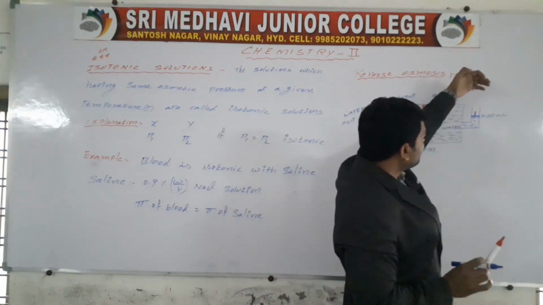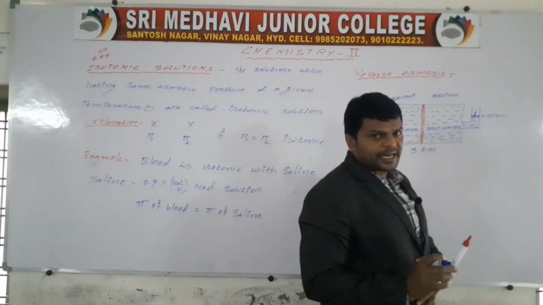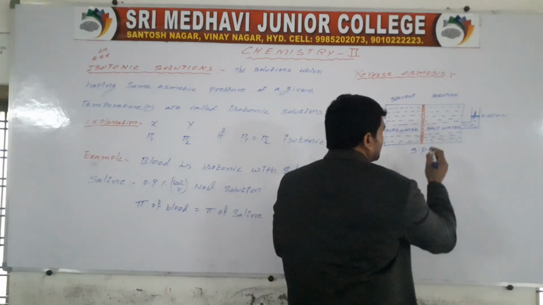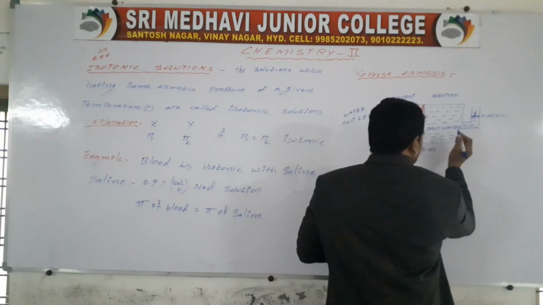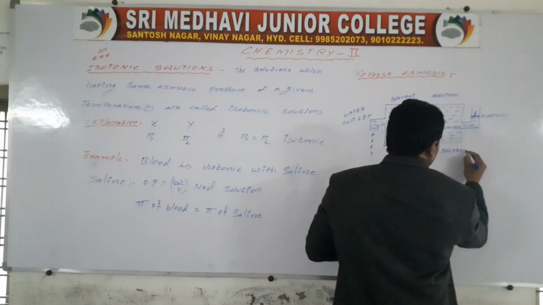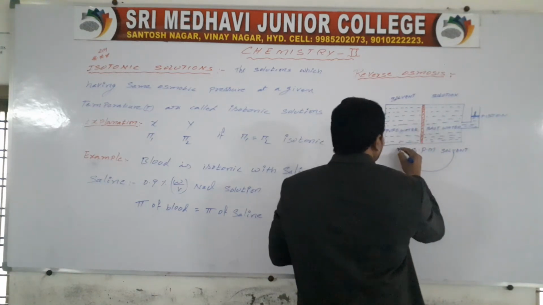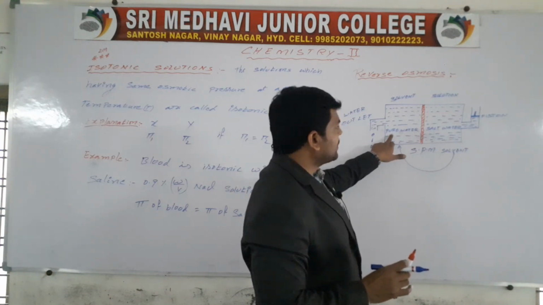Then if you apply more than the osmotic pressure on the solution side, the salt water, which contains solvent particles also, lets solvent particles pass through the semi-permeable membrane into the pure water.